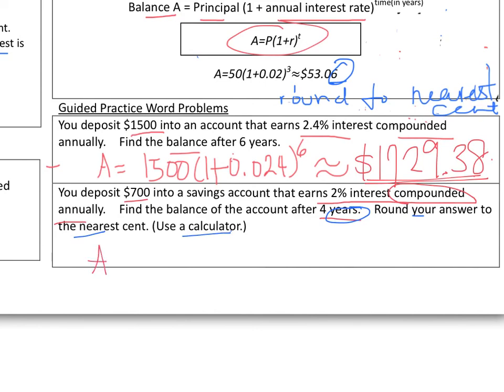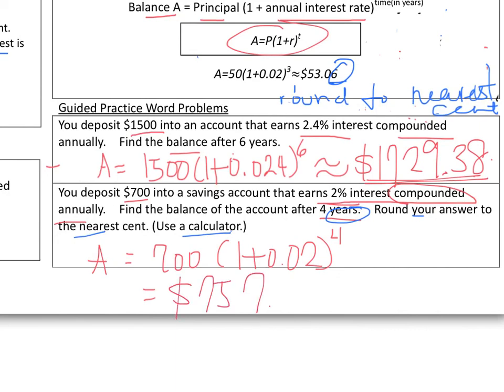So balance equals $700 times 1 plus the interest rate of 2% to the 4th power. And you would get 757.70. That's it.